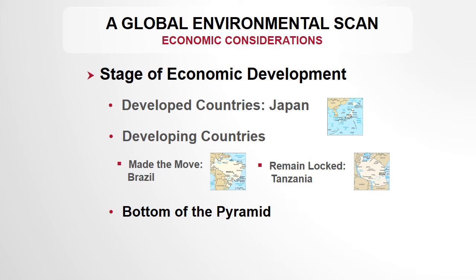This includes many of the South American countries. It might include some of the Asian countries. And at the bottom of the pyramid are countries that are not yet really developing themselves. In some cases, this includes some of the countries in Africa and some of the countries in some corners of Asia.